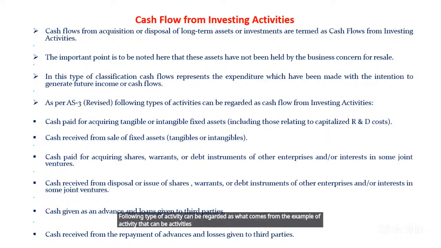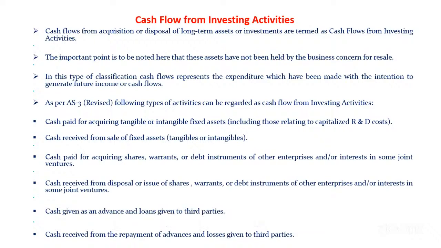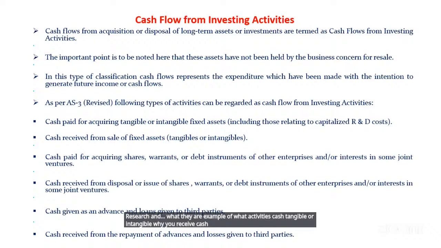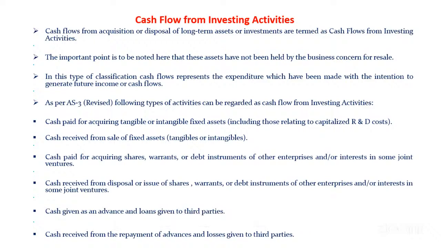One, cash paid for acquiring fixed assets, tangible or intangible, including research and development. When you receive cash because you sold a fixed asset, whether tangible or intangible, that is also cash flow from investing activity.